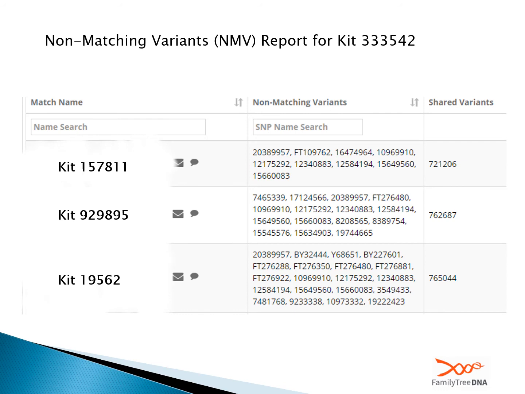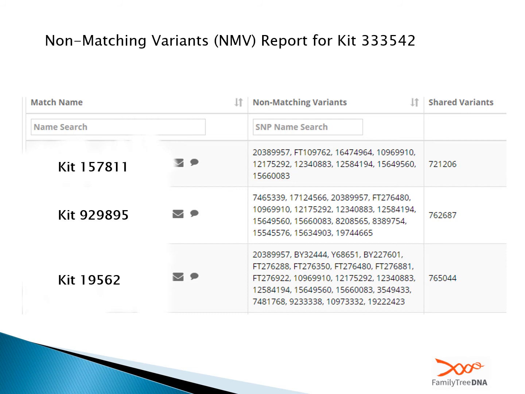This is a list of non-matching variants, or NMVs, for kit number 333542, one of the Miles Standish male descendants. In the actual report, it shows the tester's name. I have added a kit number instead to the slide for privacy.